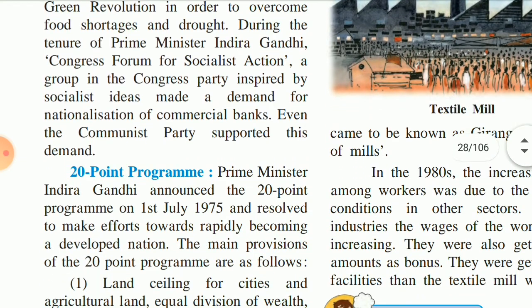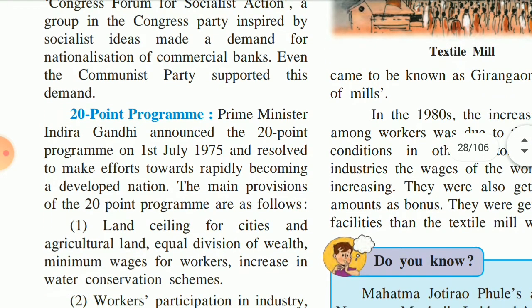Now let us study the 20-point program. Prime Minister Indira Gandhi announced the 20-point program on 1st July 1975 and resolved to make efforts towards rapidly becoming a developed nation. The very title of our lesson is economic development, so we Indians wanted to develop India.